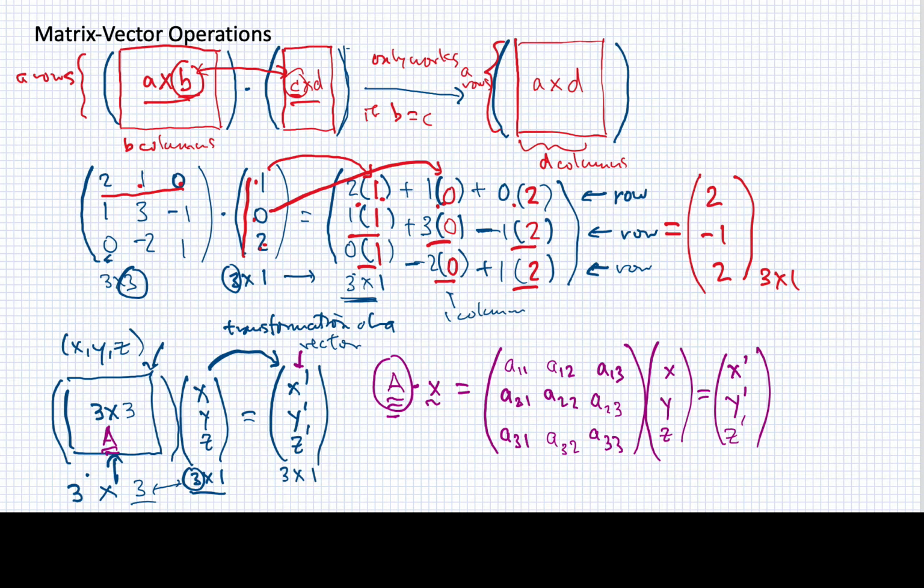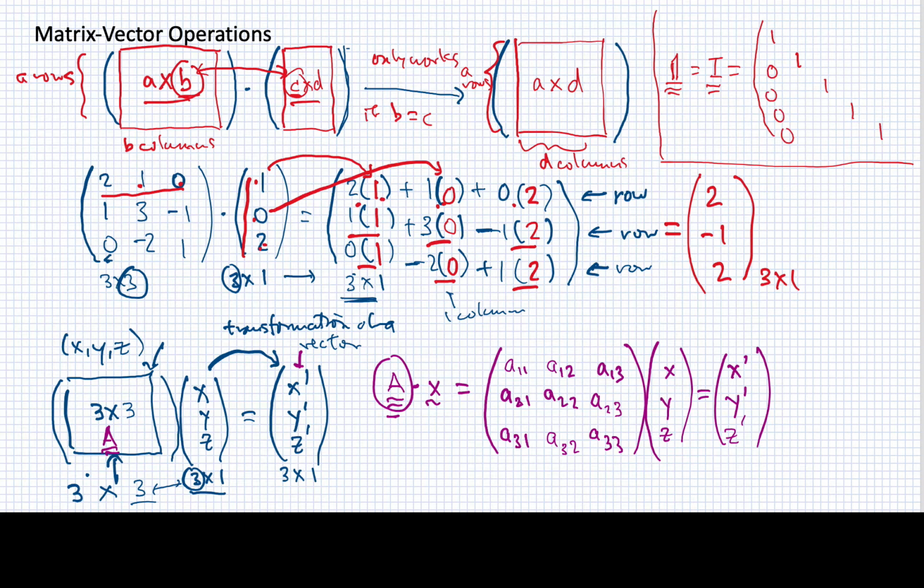Now, I do want to point out there's a couple of special matrices, and I'm going to write it up here in the upper right-hand corner. There's a matrix that sometimes is written as a fancy-looking 1, or as an I, that stands for the identity matrix. And this can be a matrix of any dimension, but it will always be square. And this matrix will always have 1s along the diagonal and always have 0s everywhere else.